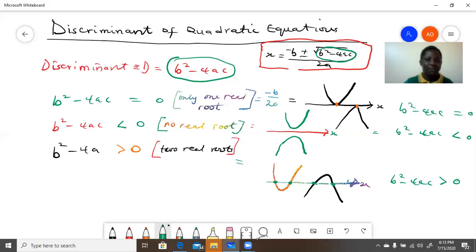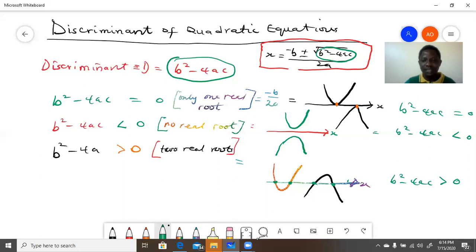So I believe you can still remember our new words for today, the quadratic formula, which is x equals minus b plus or minus square root of b squared minus 4ac over 2a. And I explained what the roots of a quadratic equation are. These are the solutions of the quadratic equation. I told you that the maximum number of solutions we can have for a quadratic equation is 2.